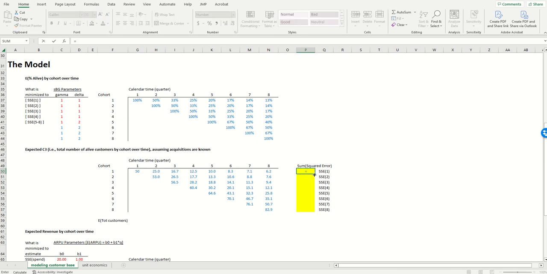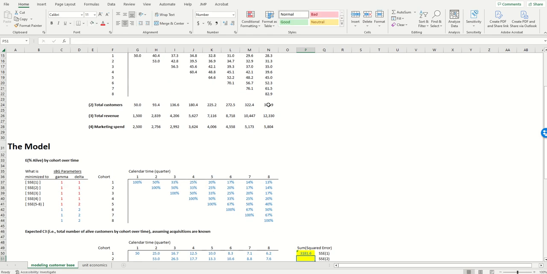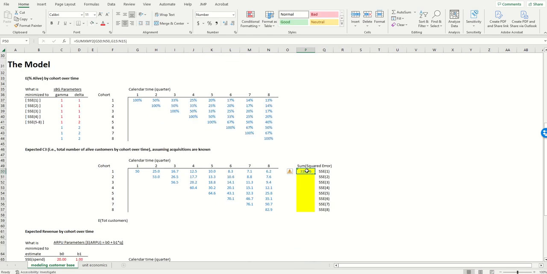The way that we're going to do that is we're going to use this formula over here, sum x my squared, to get the sum of the squared error between that and this. So it's kind of neat that this formula does that.